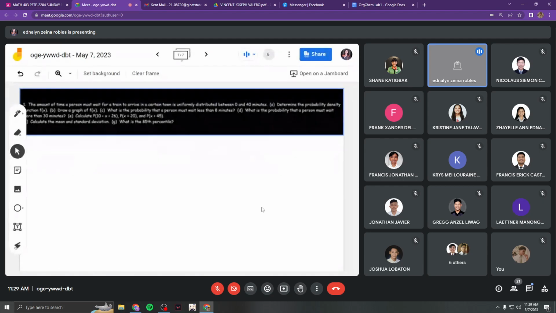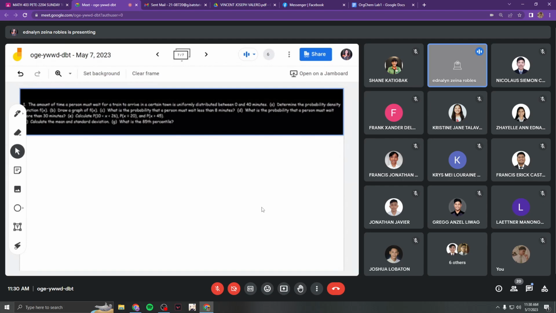The probability density function is the same as the probability mass function. When you hear probability density function, it is the same as PMF. The next instruction is to draw a graph for f of x. And the third one is, what is the probability that a person must wait less than 8 minutes?